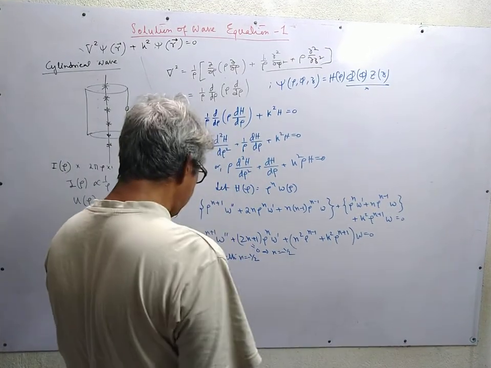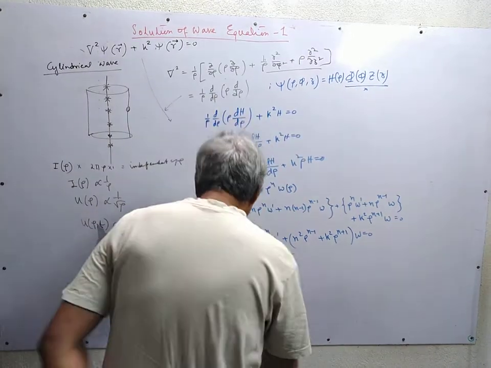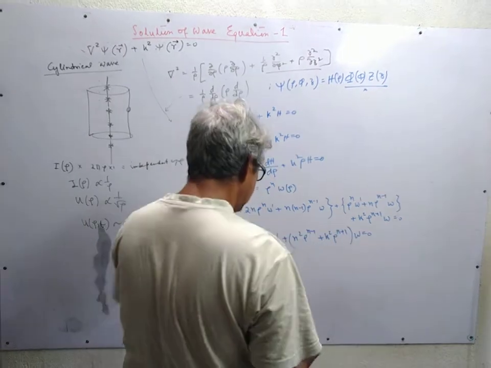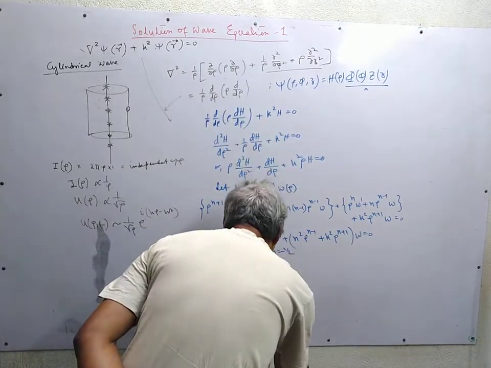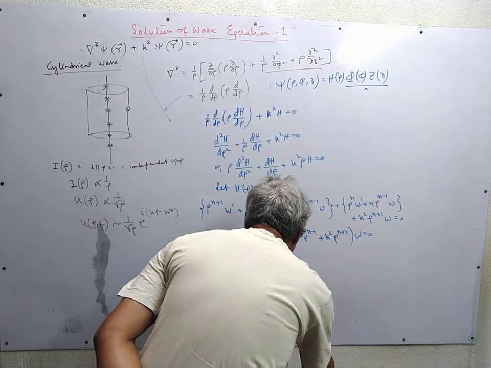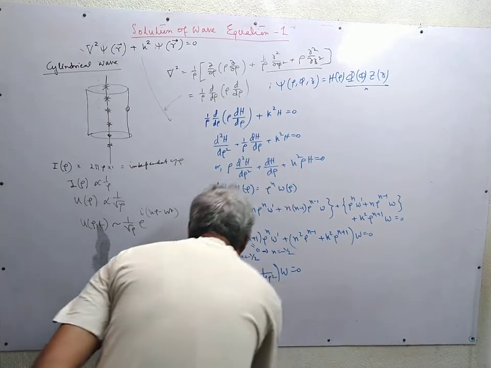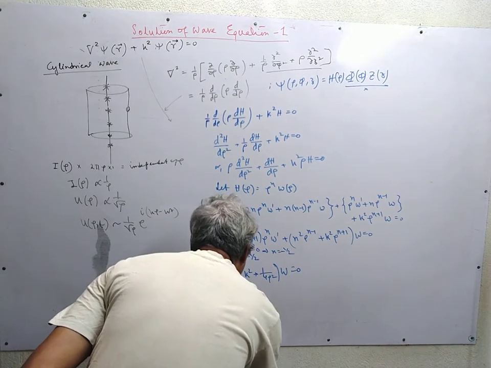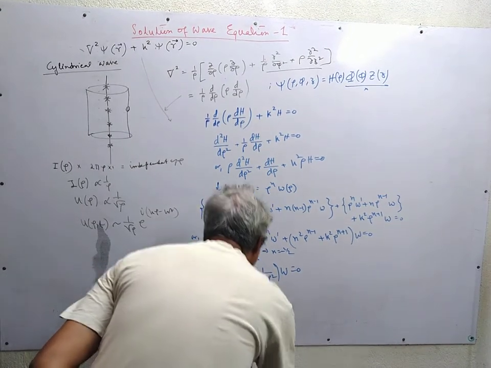w double prime plus k squared plus 1 by 4 rho squared, w is equal to 0, which we approximate as w double prime plus k squared w is equal to 0.